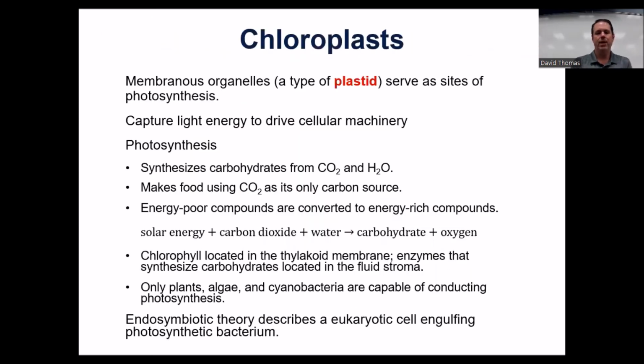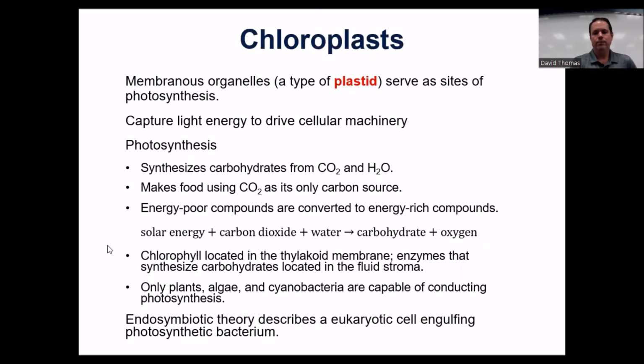A couple other things about chloroplasts. Again, they are specialized organelles that do have membrane systems. Sometimes you see the word plastid used associated with these. These are the site for photosynthesis, and we've got a whole other chapter about photosynthesis. This slide just gives us a little introduction to it.